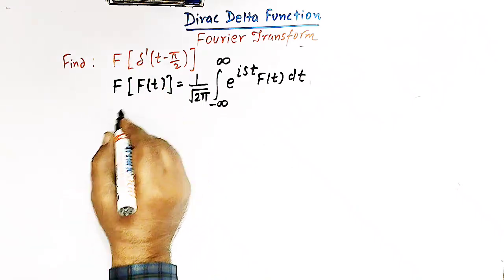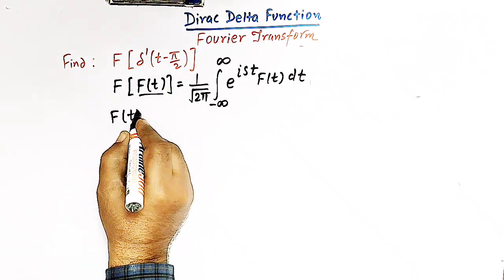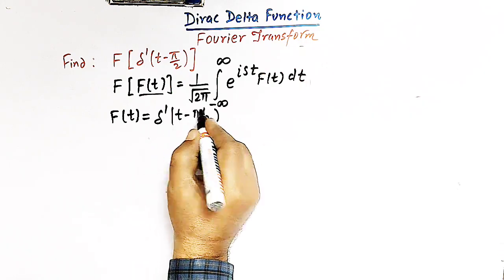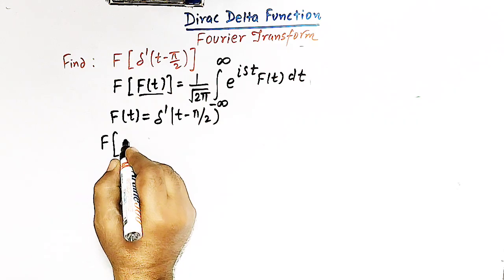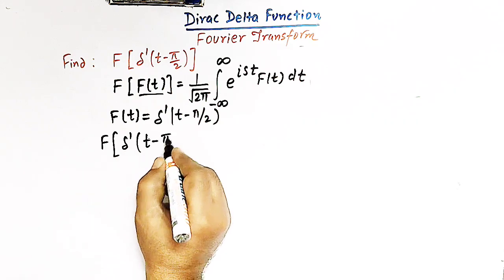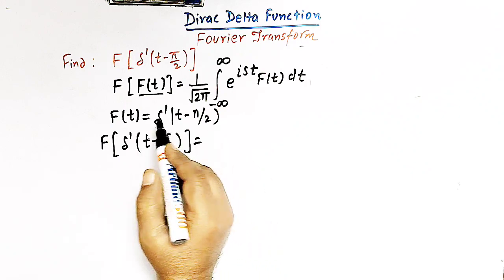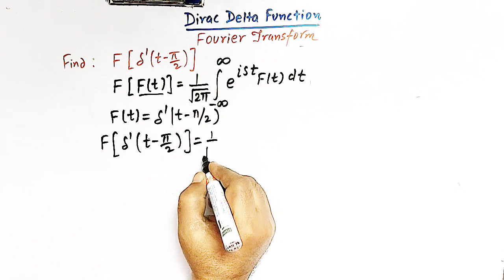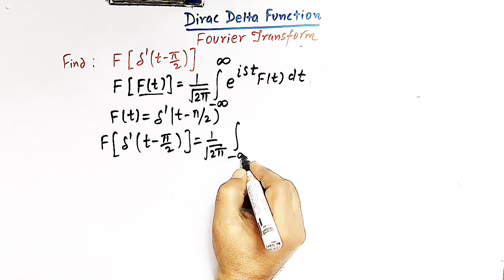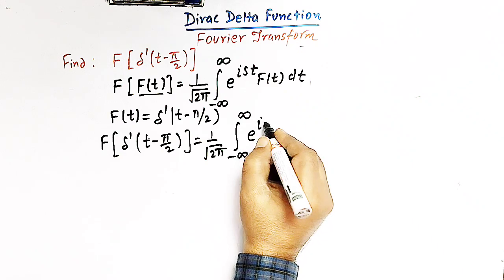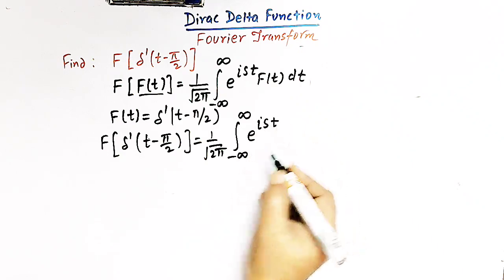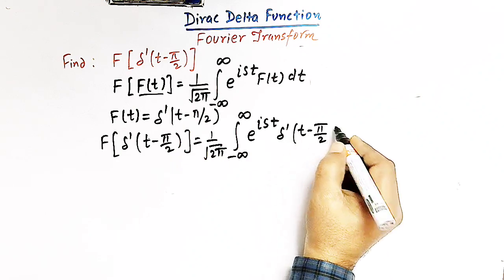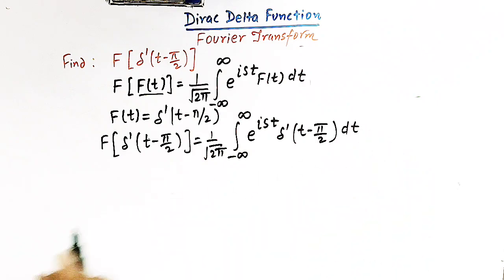Now let us take this function f of t as delta prime of t minus pi by 2, so that the Fourier transform of delta prime of t minus pi by 2 is given by 1 over square root of 2 pi, times the integral from minus infinity to infinity of e raised to i s t, times delta prime of t minus pi by 2, dt.